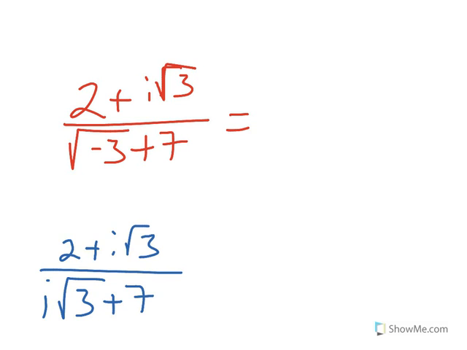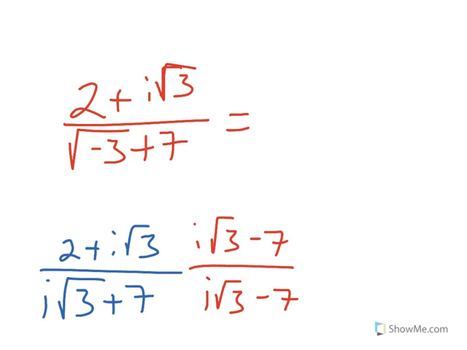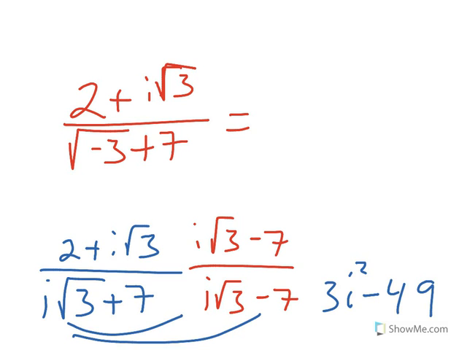Multiply by the conjugate, which is i square root of 3 minus 7. And simplify this. So this is going to give me 3i squared minus 49. So I'm going to multiply it out. Middle terms are going to cancel out, and that's all it's going to leave me with on the bottom.